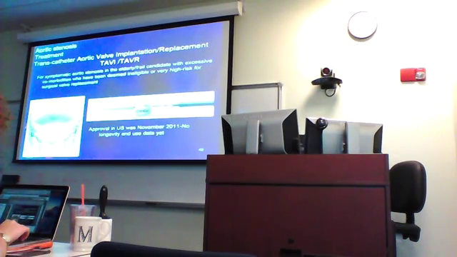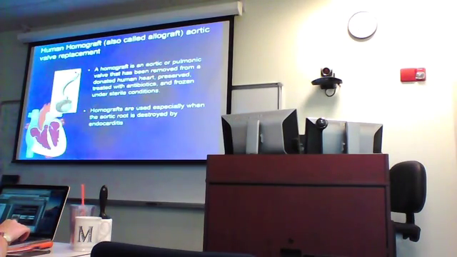And there's a TAVR catheter that they put through the groin, and then they blow it up and push the old valve out of the way, and they have this artificial one. Since 2011, they've been doing these. There's a homograft out of a cadaver. They cut that out, and then they put that in the patient as part of the valve.